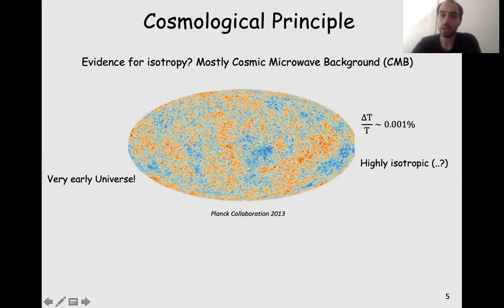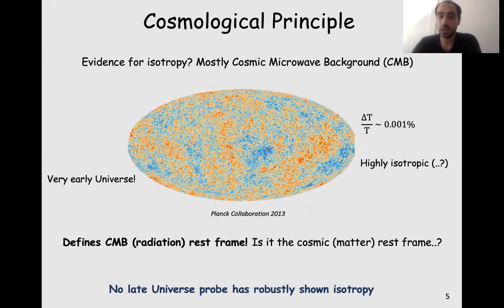Well, the main evidence we have comes from the cosmic microwave background, which tells us that the very early universe, and actually the radiation in the very early universe, was highly isotropic within a certain rest frame. The practical assumption that we make in standard cosmology is that the matter in the late universe has the same rest frame as the radiation in the very early universe.